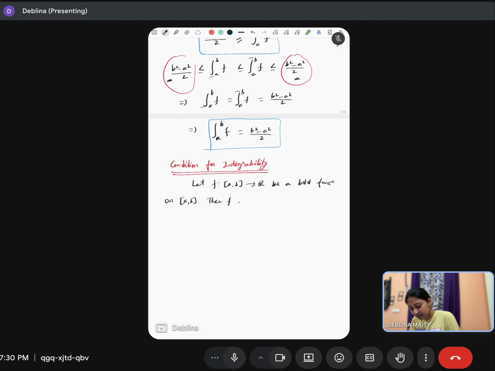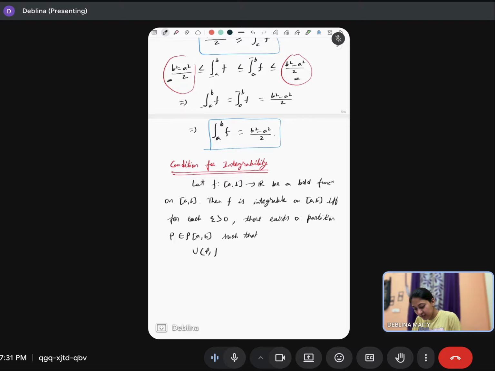Then f is integrable on [a,b] if and only if for each epsilon greater than 0, there exists a partition P belonging to the partitions of [a,b] such that U(P,f) minus L(P,f) is less than epsilon, right?